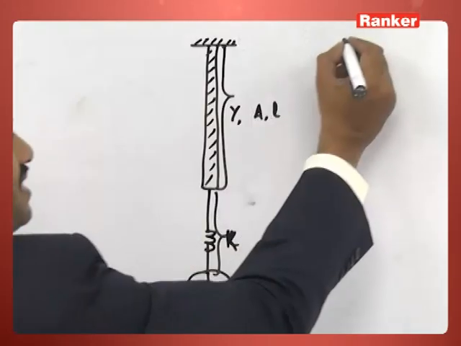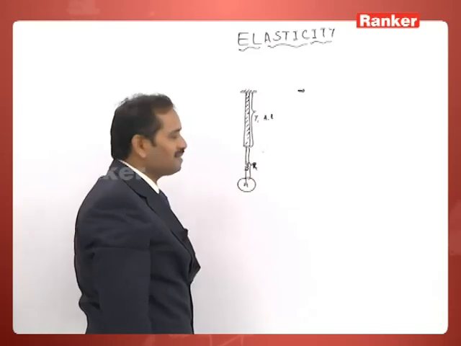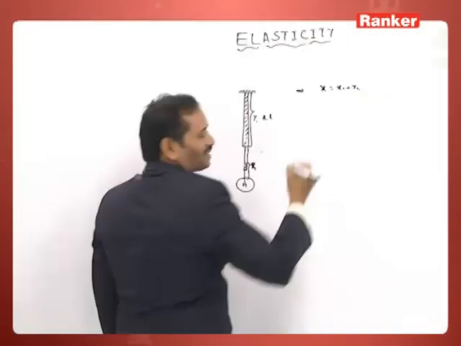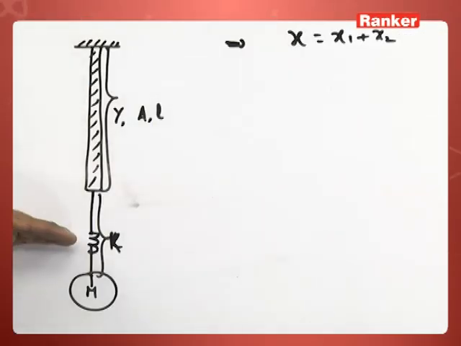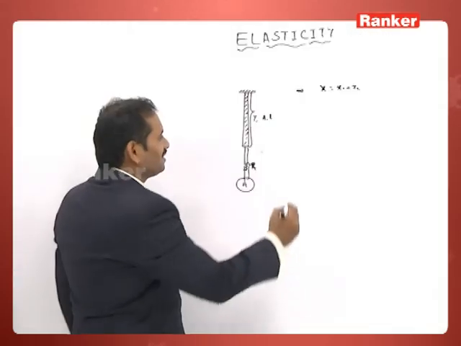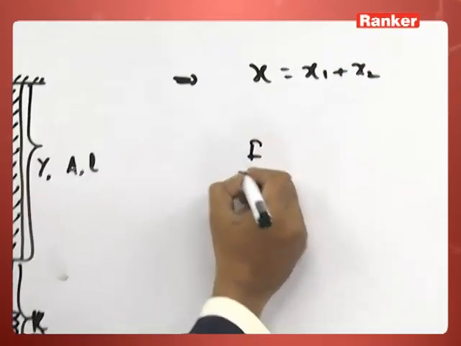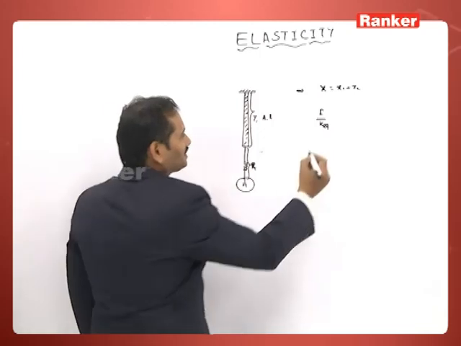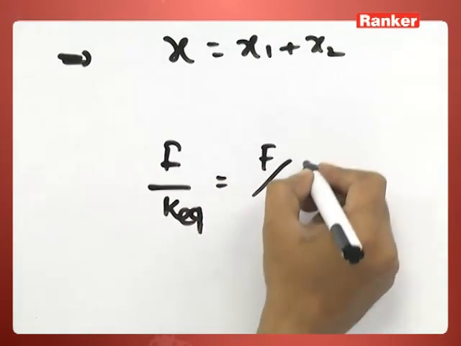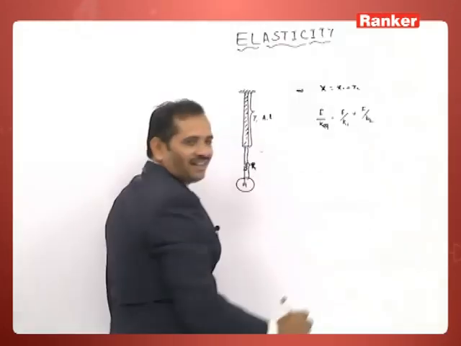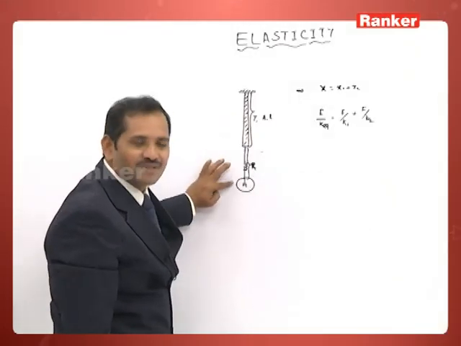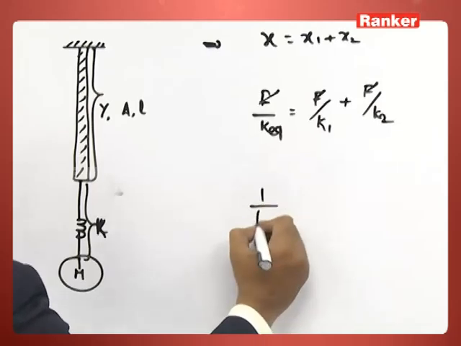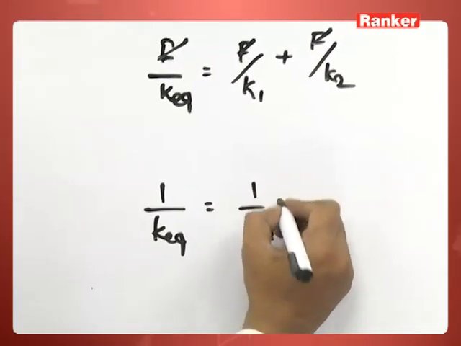In series, total extension equals the sum of the individual extensions: x1 plus x2. Then F equals kx, so x equals F by k equals F by k1 plus F by k2. Here in series the exerting force is the same, F cancelled, 1 by k equivalent equals 1 by k1 plus 1 by k2.